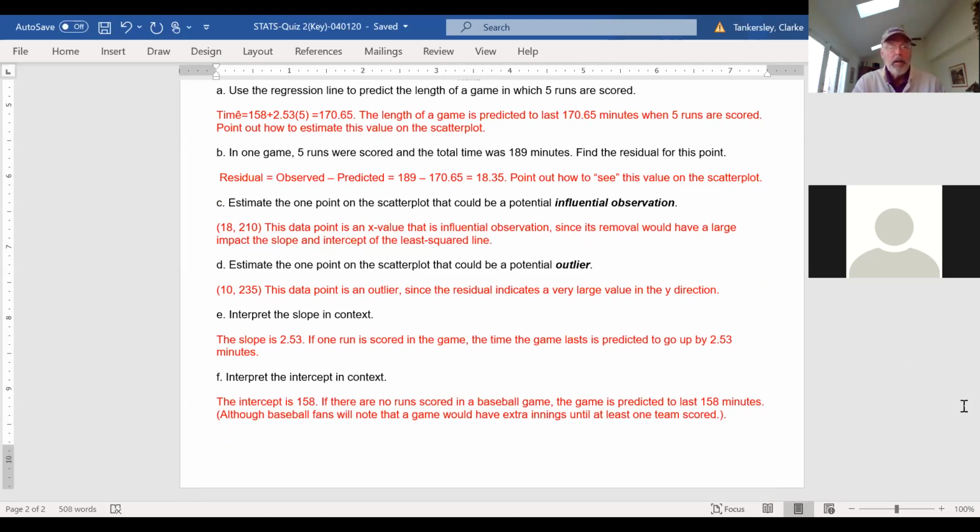You can see maybe no runs scoring through 9 innings. That is, nobody has scored yet. What would we predict the time would be in a game like that? 158 minutes. You've got it, 158 minutes.